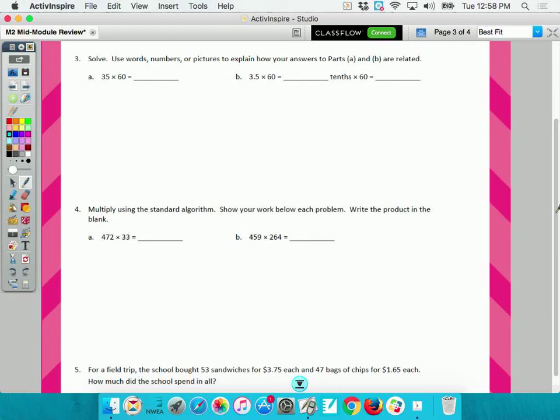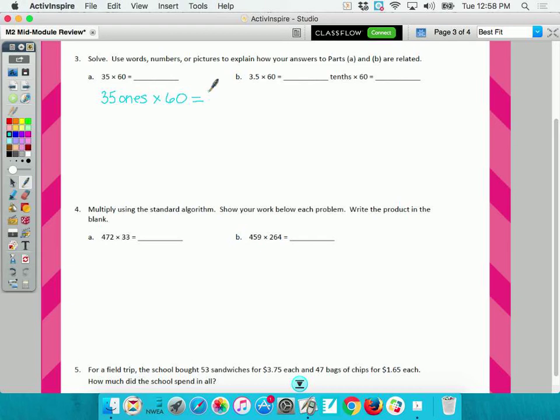It's unit form, so I'm going to try and help you, okay? So if I were to write A like they did B, here's how I would write it. 35 ones times 60 equals, and then I would write the answer.